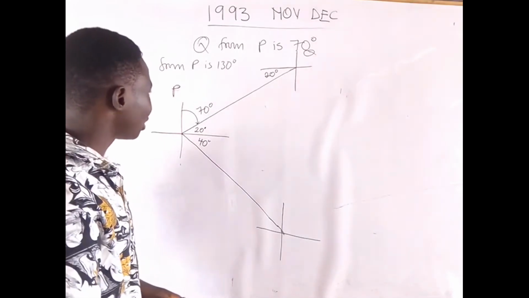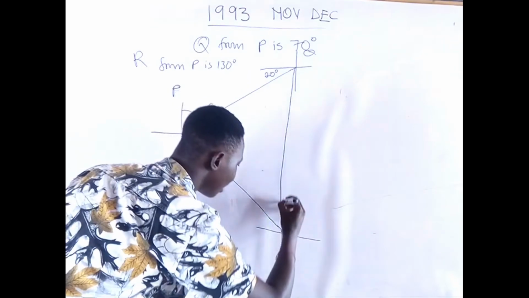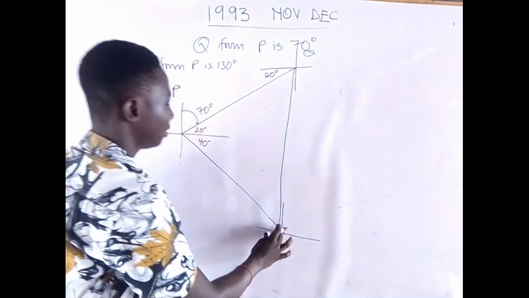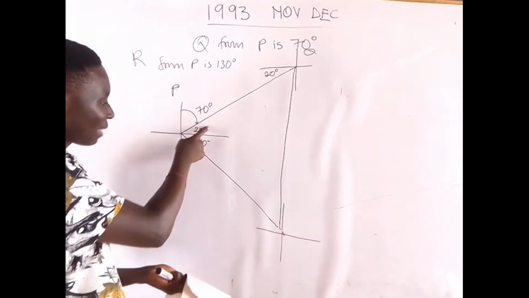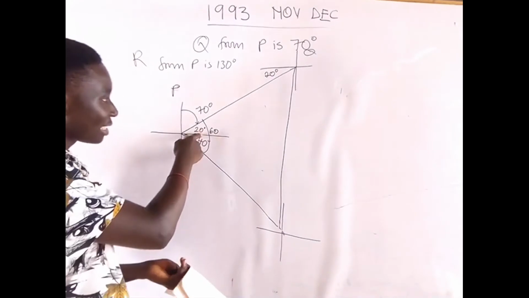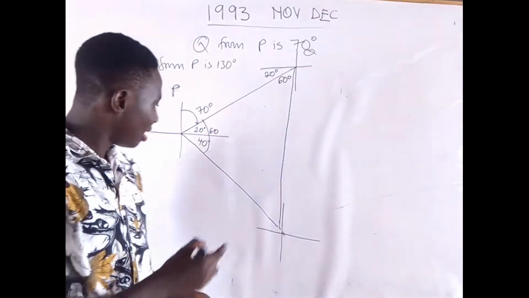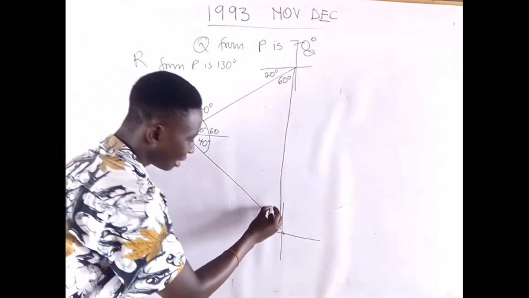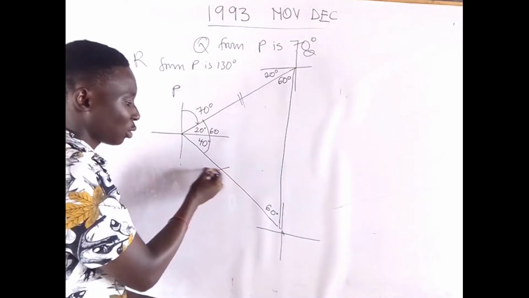So let's join this point, this distance. If here, this plus gives us 60, so if here is 60, automatically here too will be 60 degrees. And then this side too will be 60 degrees. And this distance should be equal to this distance too.